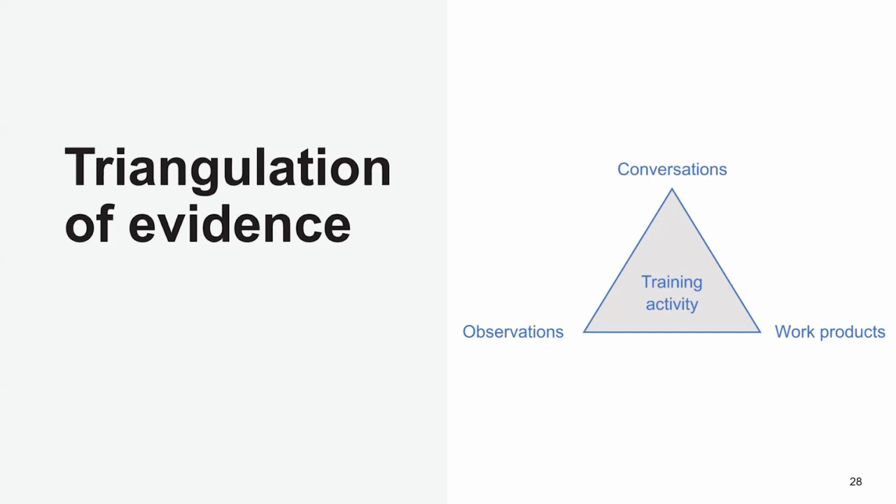So the conversations type, it might be questioning, professional discussions that you have, feedback from different sources. So you might get feedback from patients, you might get feedback from colleagues or peers. But conversations can also be your reflections, because they're like a conversation with yourself. But also you might engage in group reflection of some kind. So that professional storytelling, discussing cases with peers or near peers, etc. The observations, pretty self-explanatory.